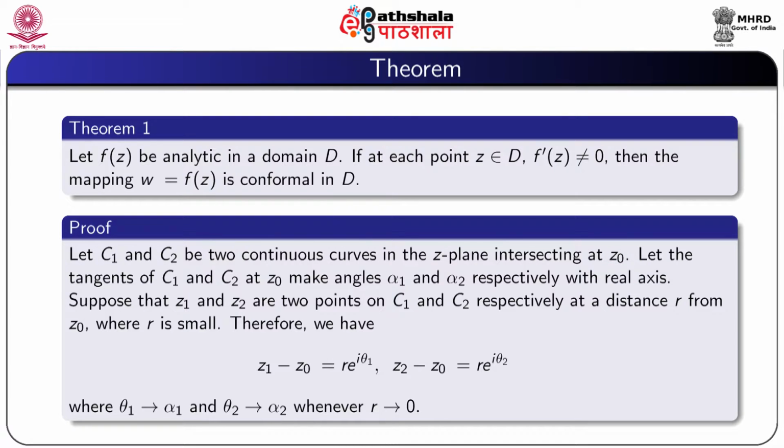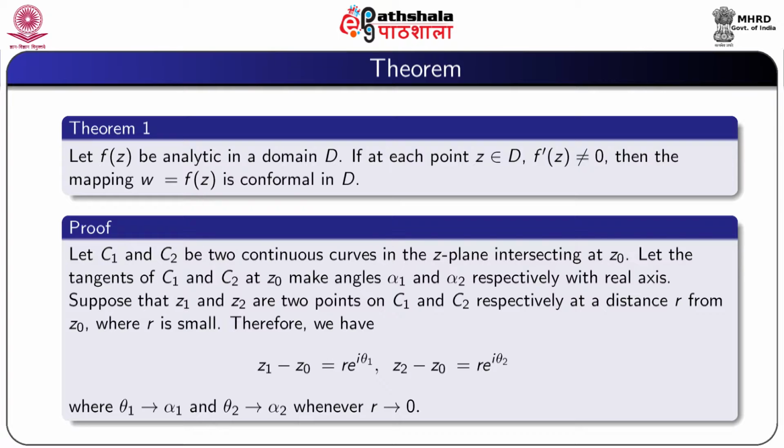Let the tangents of C1 and C2 at z0 make angles alpha 1 and alpha 2 respectively with the real axis. Suppose that z1 and z2 are two points on C1 and C2 respectively at a distance r from z0, where r is small.